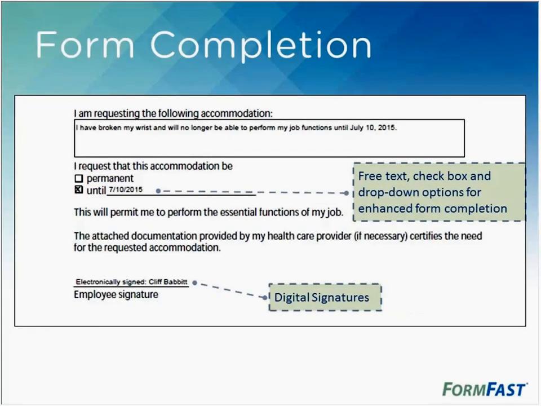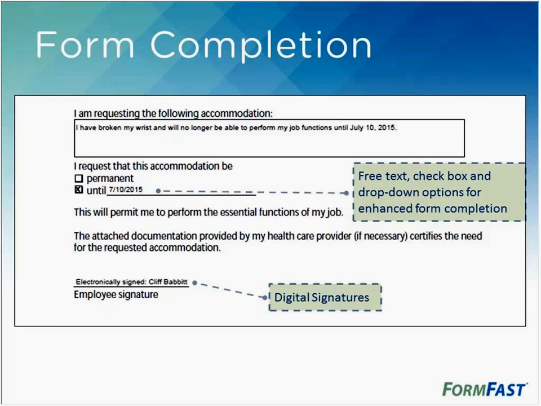As I'm completing a form, I may also have options for drop-down text that can be customized. In these particular examples, there's not a drop-down list available, but we could customize types of time off that you might be requesting in a form, or reasons why I'm requesting that. And we might do that for standardization of that data.